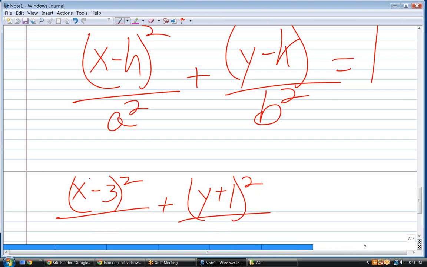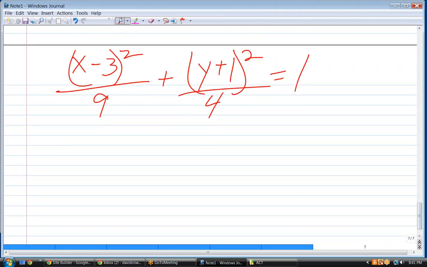Switch these, make this 9 and this 4. If I gave you that equation of an ellipse, I can graph that starting at the center. Where's the center?